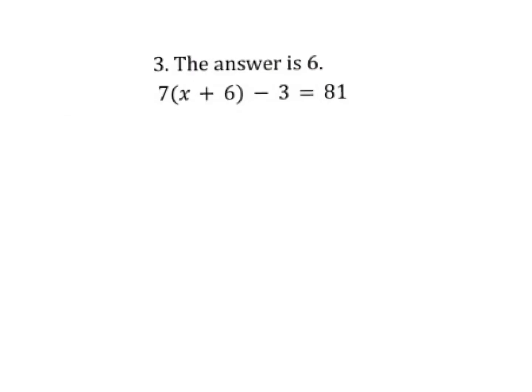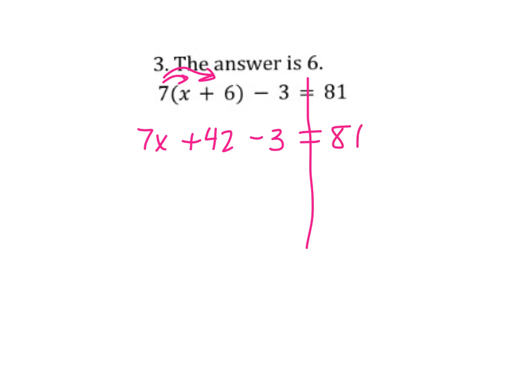All right, more parentheses for number 3, and we're working toward an answer of 6. Okay, so we'll distribute first. 7 times x is 7x, and 7 times 6 is 42. We also have a -3 on the left side. Okay, so distribute first to clear the parentheses.